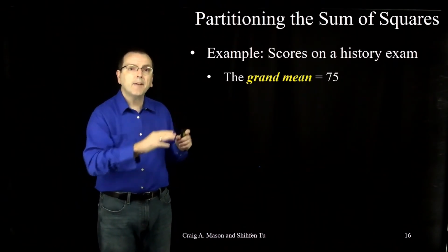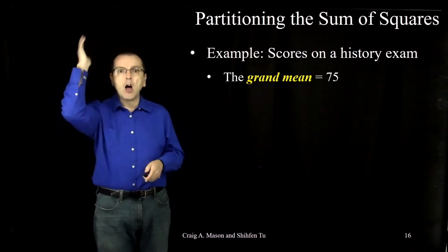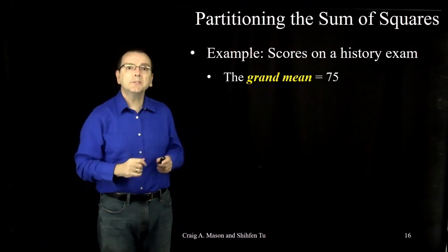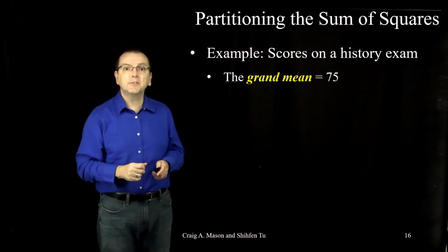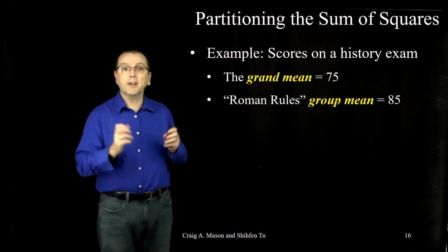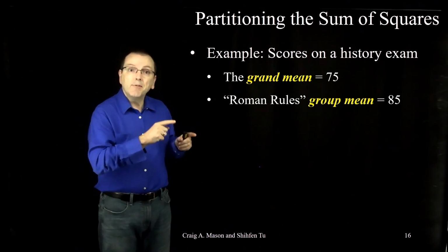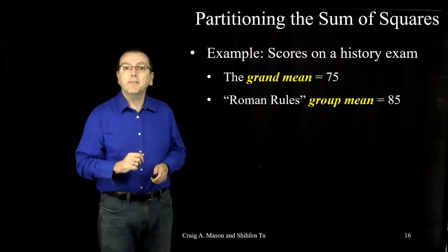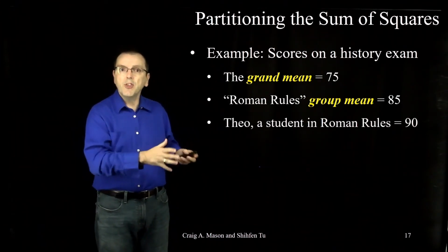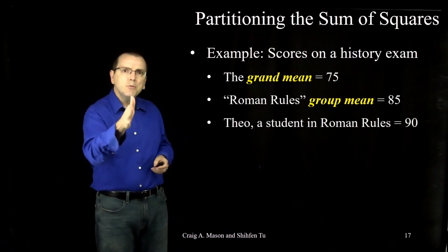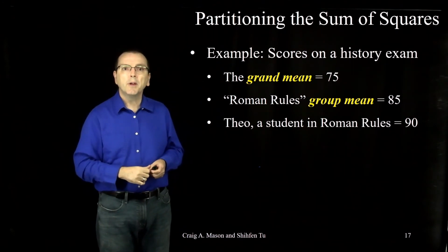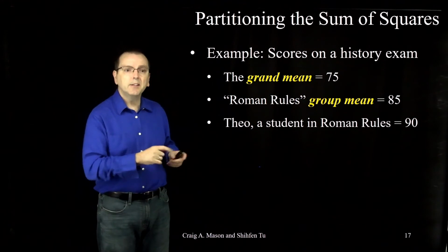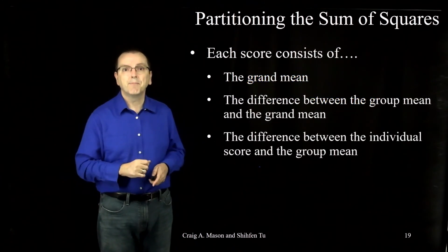Again, it's the average across everybody in all the groups. Now, we'll say that one of the groups receives the Roman rules curriculum, and the mean for that group is 85. And finally, there's Theo, a specific student in the Roman rules group, and he performs a little better than average for that group, and he scores a 90.